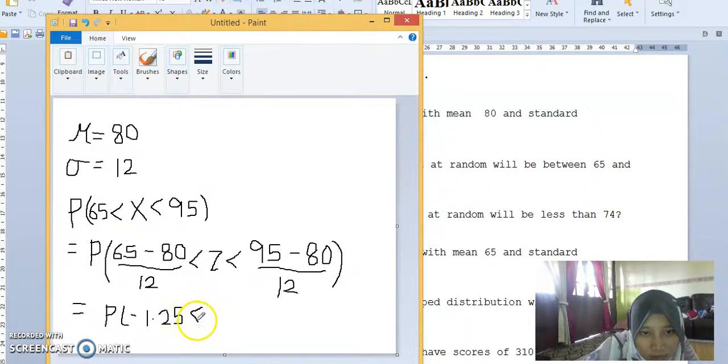Okay, and this is Z. And this one, it will be 95 minus 80 divided with 12, which is 1.25.